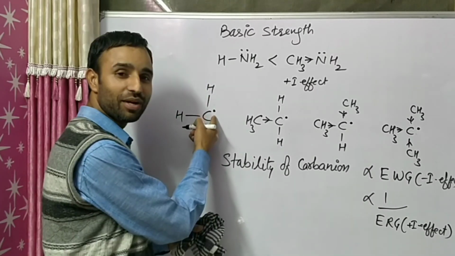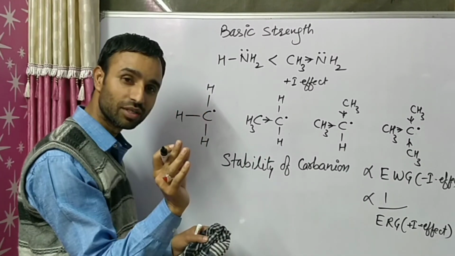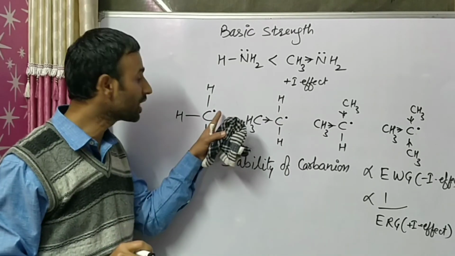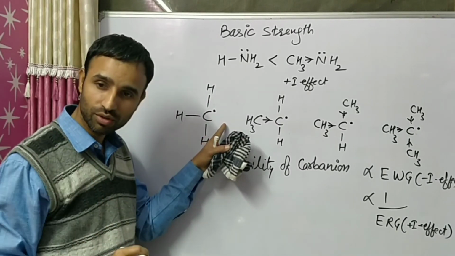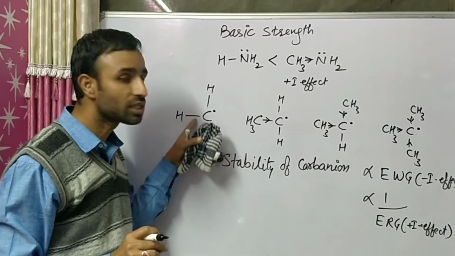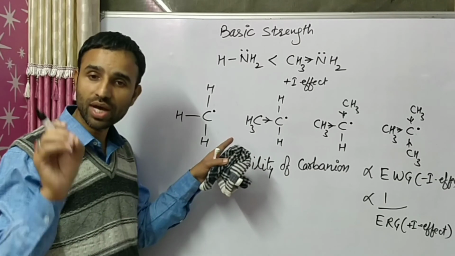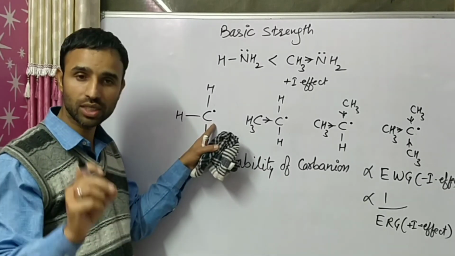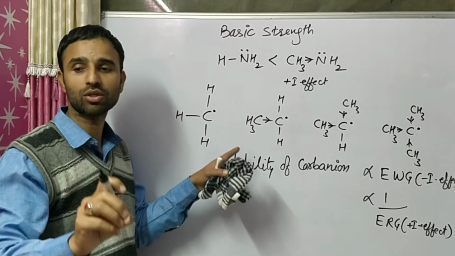Because this carbon now has 7 electrons. It needs one more. It seems like it is electron rich because it has one free electron, free to donate it. But actually, carbon is electron deficient. Carbon should have a complete octet. So if the octet is not complete, it is electron deficient.